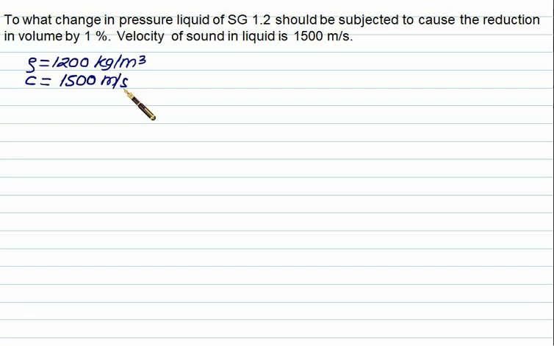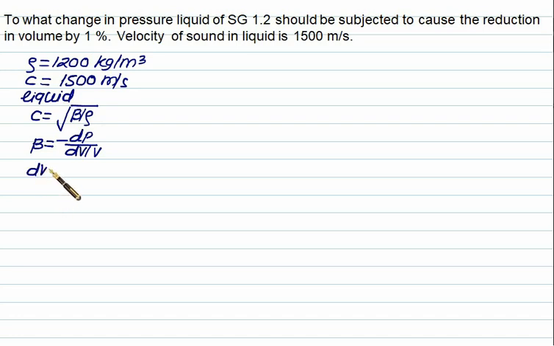This time our working fluid is liquid, so we can calculate here velocity of sound as under root of beta by rho, and beta is known to us is given by minus dp by dV by V. Hence we can calculate here the change in pressure once we know the value of bulk modulus. And this time we have given the reduction in volume by 1%. So we have dV by V is minus of 0.01.